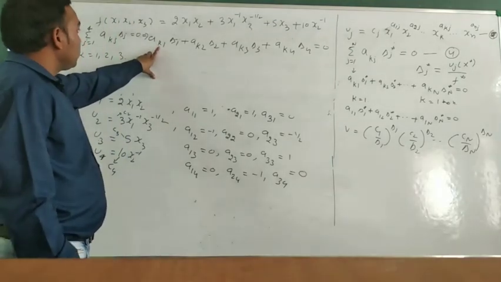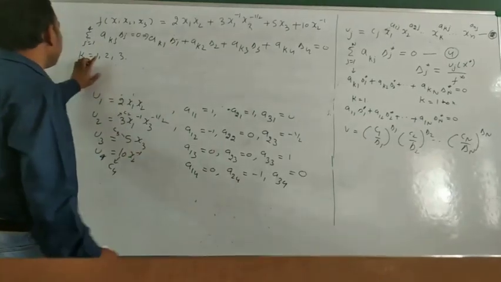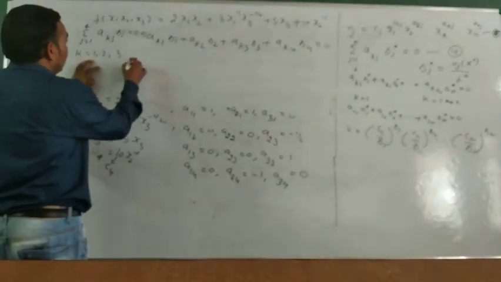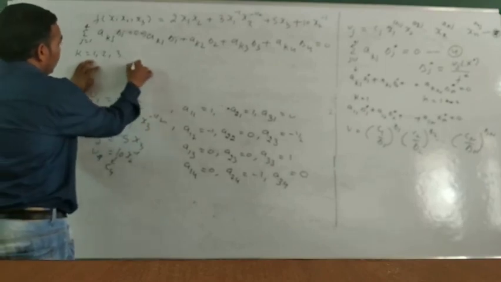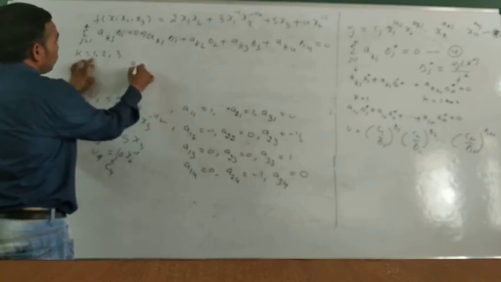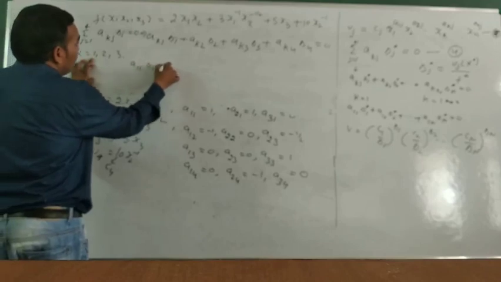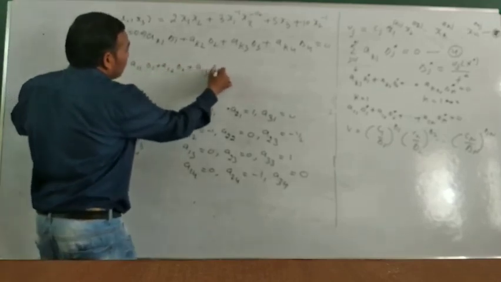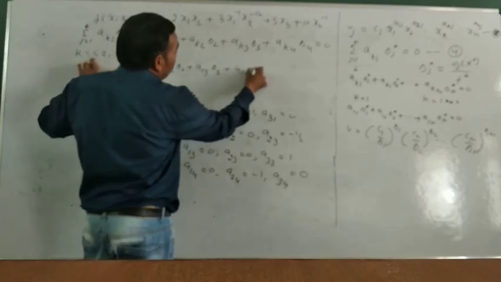How many variables here? 3 variables. So we get 3 optimality conditions. Put k equal to 1: a11 del 1 plus a12 del 2 plus a13 del 3 plus a14 del 4 equal to 0.